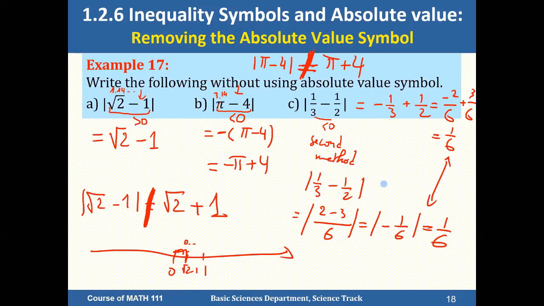So we have to switch all signs or we keep all signs. But if you just modify half of the signs and keep another part, no, it's false like this.